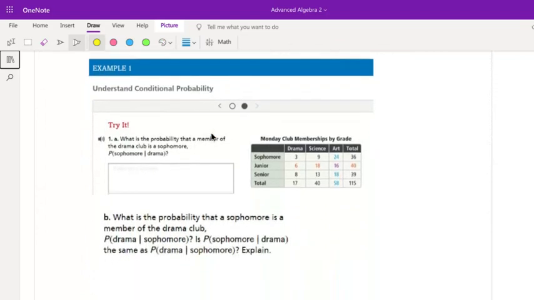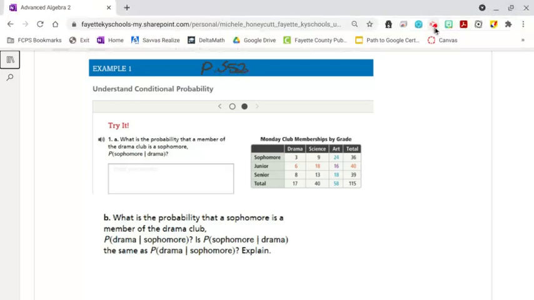Okay, so in example 1, if you look in your workbook, example 1 is on page 552 in volume 2. Now, let me pause this.